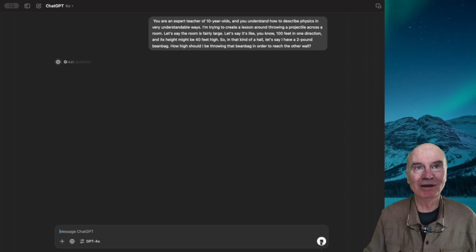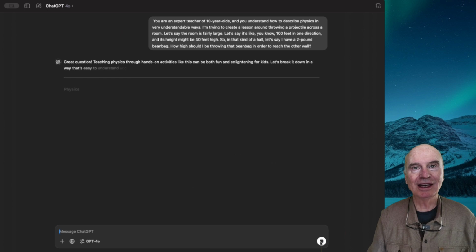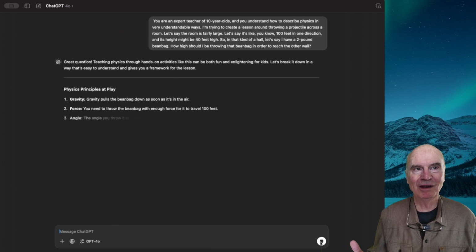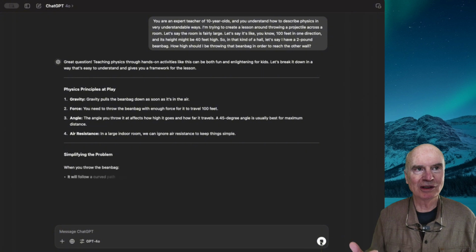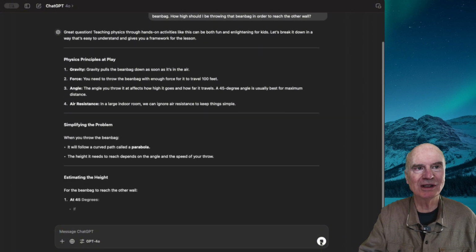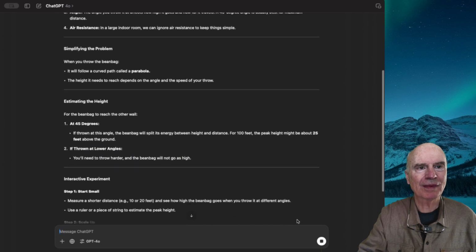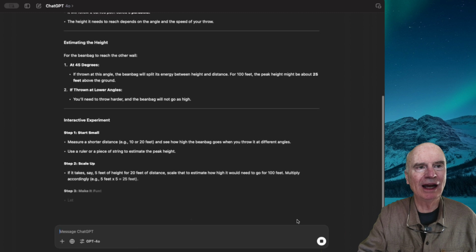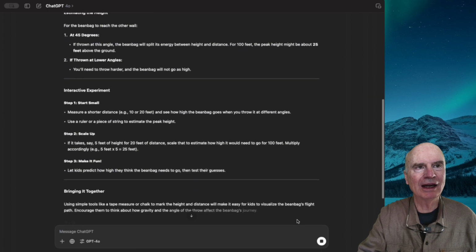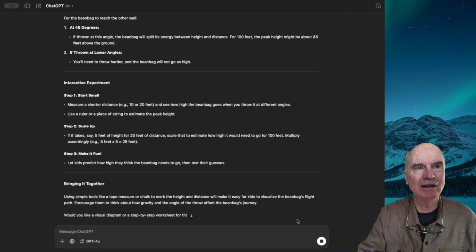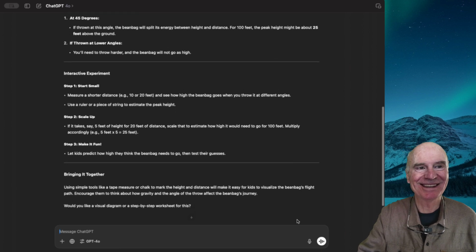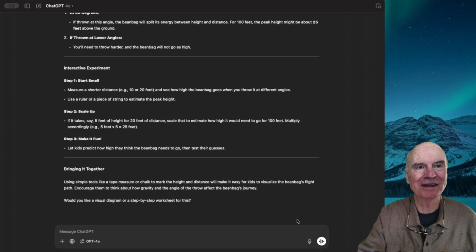So when I do this, it does a lot of things, but it gives me almost immediate feedback about the principles, force, angle, air resistance, and what might happen when I throw the beanbag, and what angle to do, and a way to do the experiment. So use a short distance. Okay, this is interesting stuff, and bring it all together.